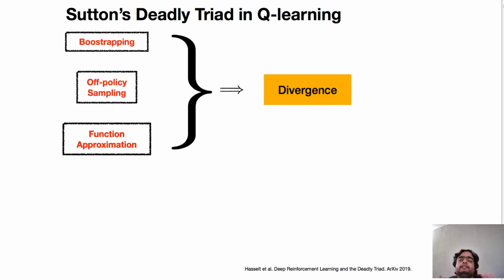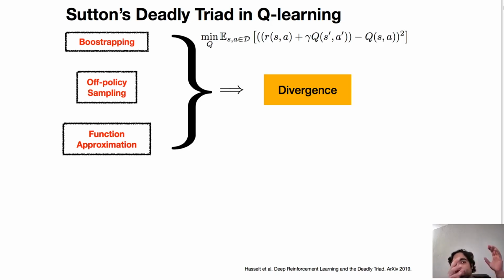It says that when you instantiate Q-learning algorithms along with the combination of these three things, the triad, which is bootstrapping, which means you're trying to optimize a Q-learning objective that uses its own previous instance or its own generated target network to train the current instance of the network, which means you're regressing to your own past self.